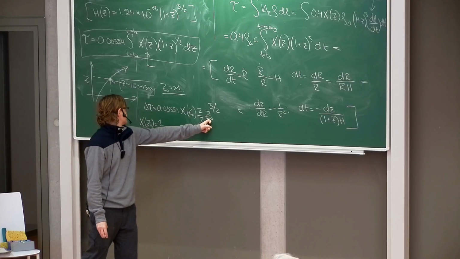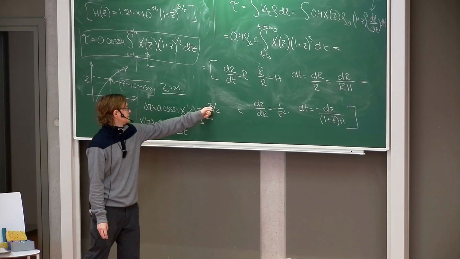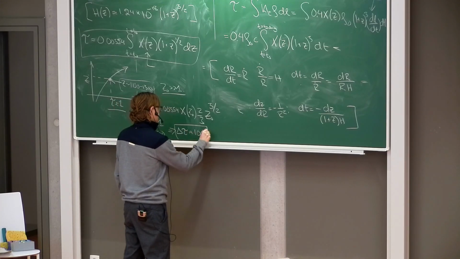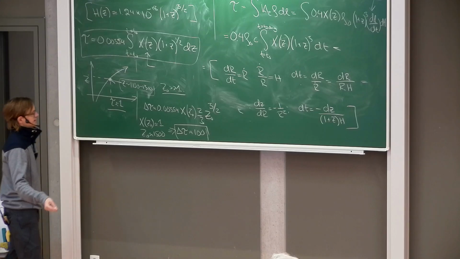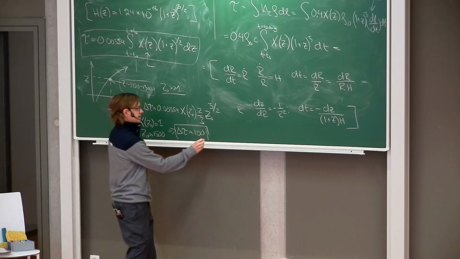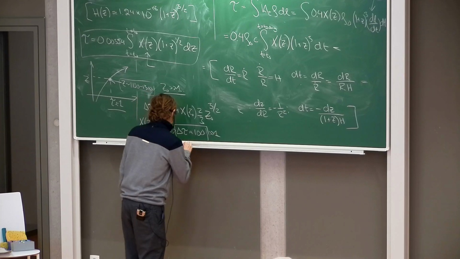But then we have this, which is on the order of 1,500 to the power 3/2, and I think this will come out to around 100. You can plug it in and verify yourself. The point is that it's much, much greater than unity.